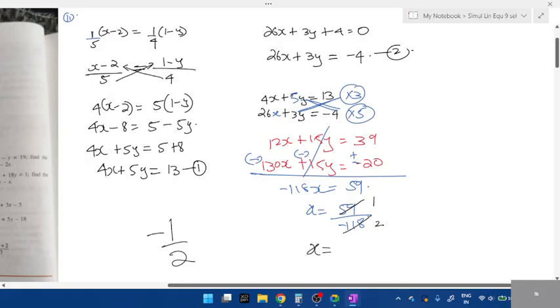Show me what you have done. The answer only is not visible. I don't know what you did. Okay, minus 1 by 2. Complete the next one. Find y.